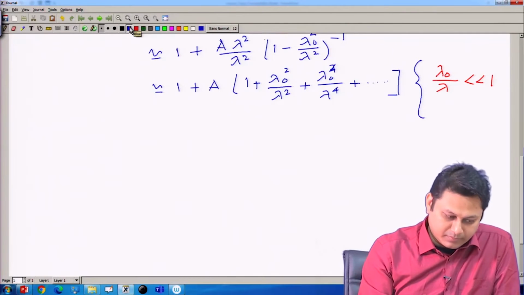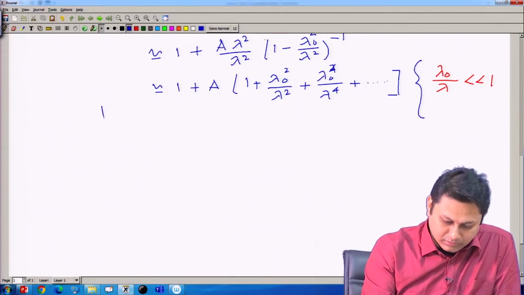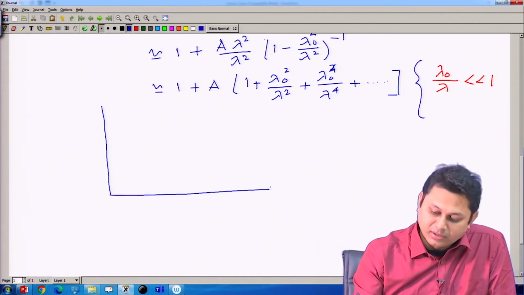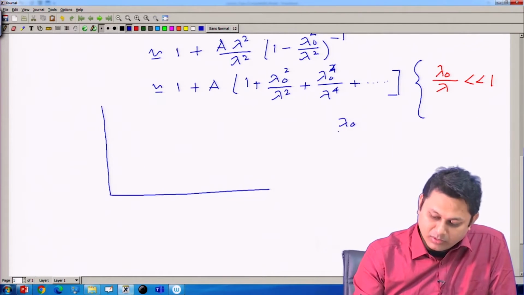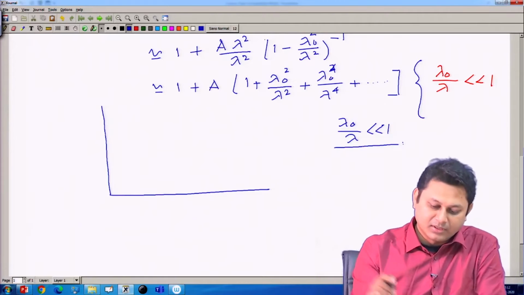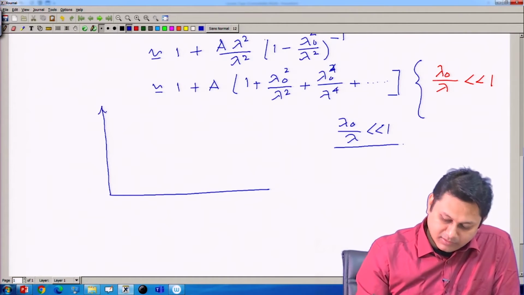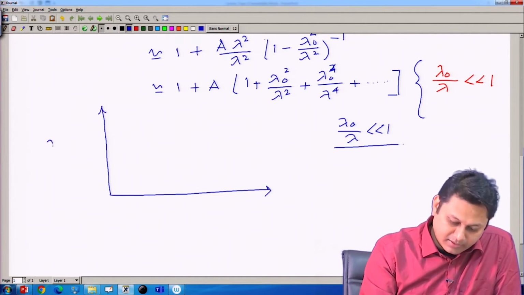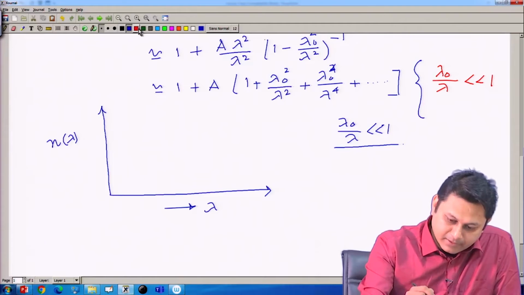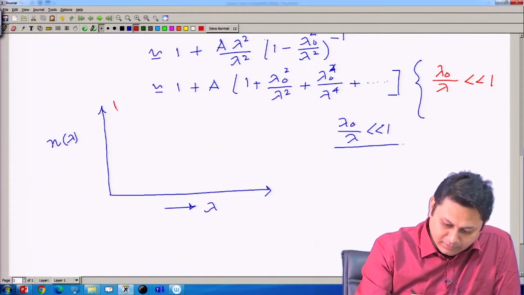Now, if I want to plot the refractive index as a function of lambda in this regime, far away from any resonance frequency or wavelength, then the curve will be something like this.